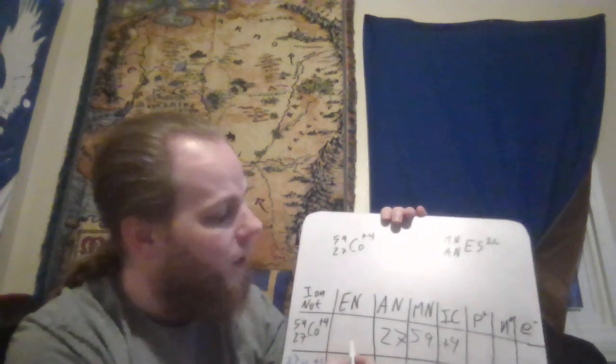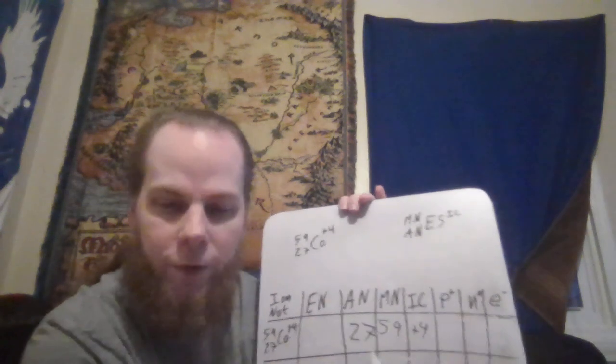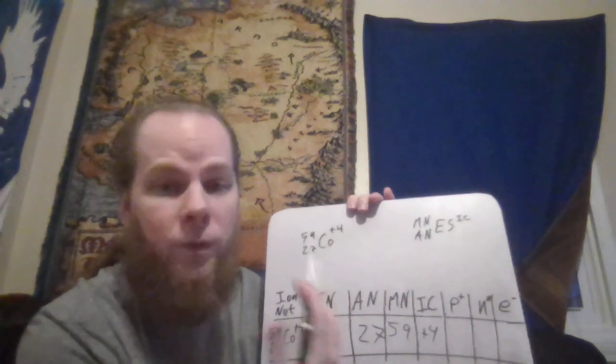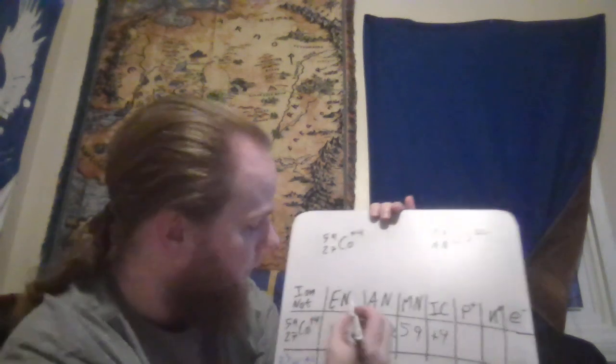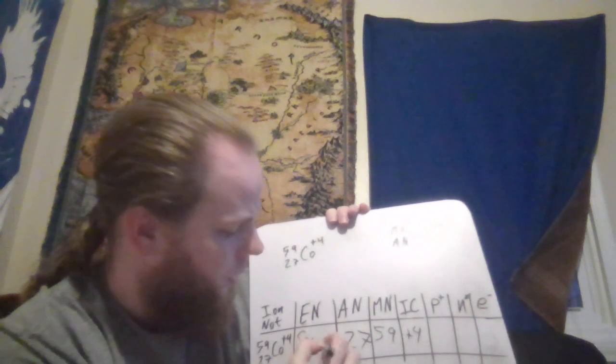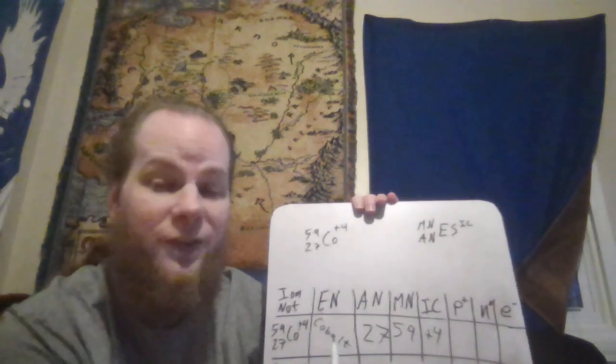From this information, we can figure out the element, the number of protons, neutrons, and electrons. The element symbol is Co, and cobalt is the element's name.